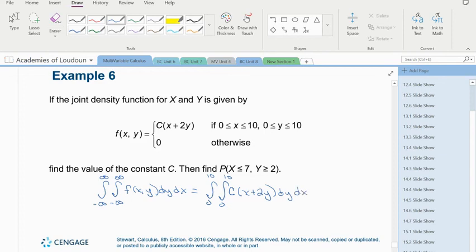As we evaluate this integral, which has to equal 1, we find that it equals 1500 times c. So we have 1 equals 1500 times c, which gives us that c is equal to 1 over 1500.